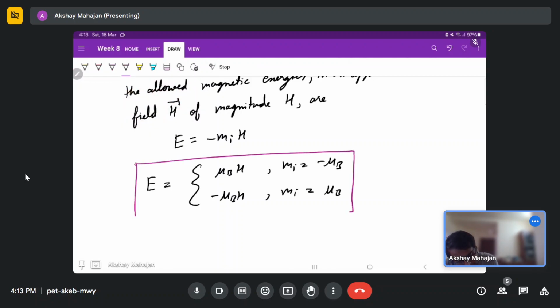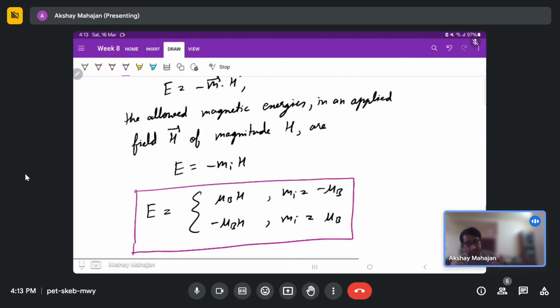So this is the answer. We can see that if the magnetic moments are aligned in the direction of the magnetic field, where mi equals mu B, then those spins will have lower energy, minus mu B times h.